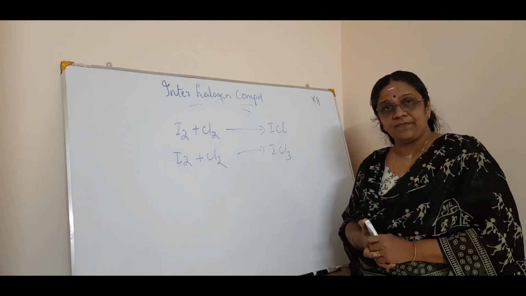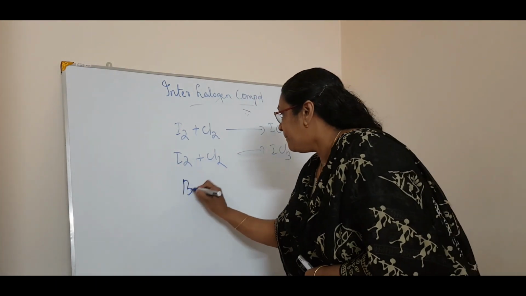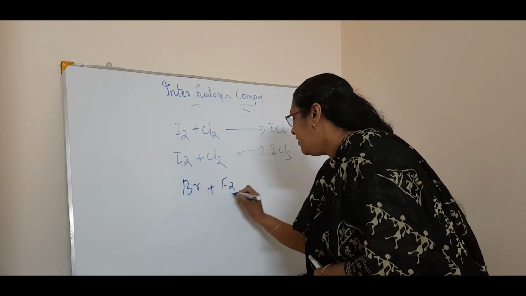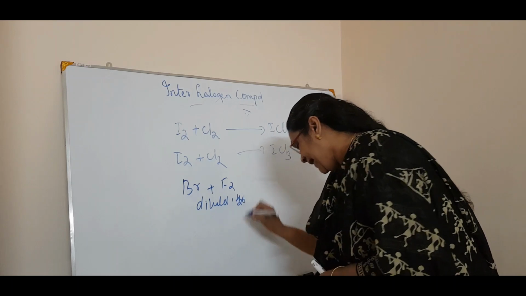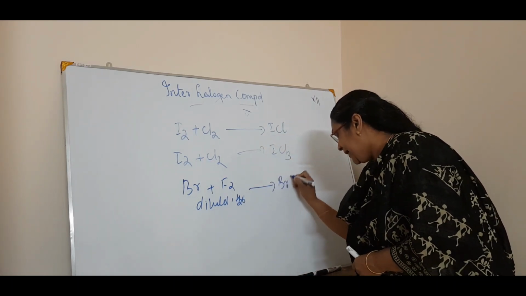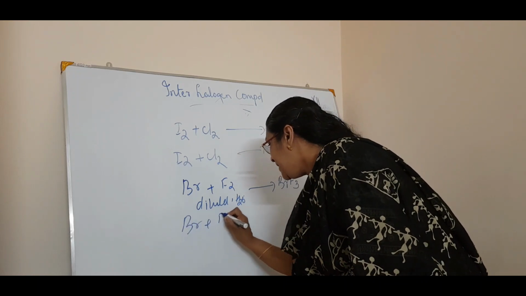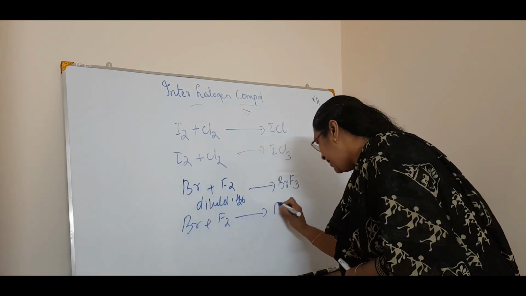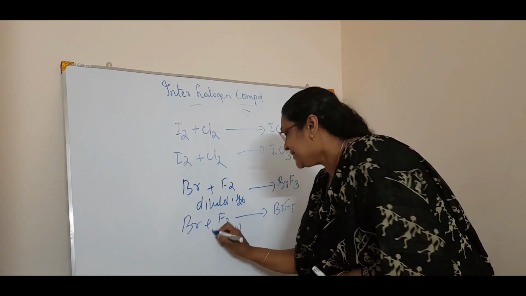Now for bromine, bromine plus fluorine, when diluted with water, you will get BrF3. And again Br2 plus F2 will give BrF5, where fluorine should be in excess.